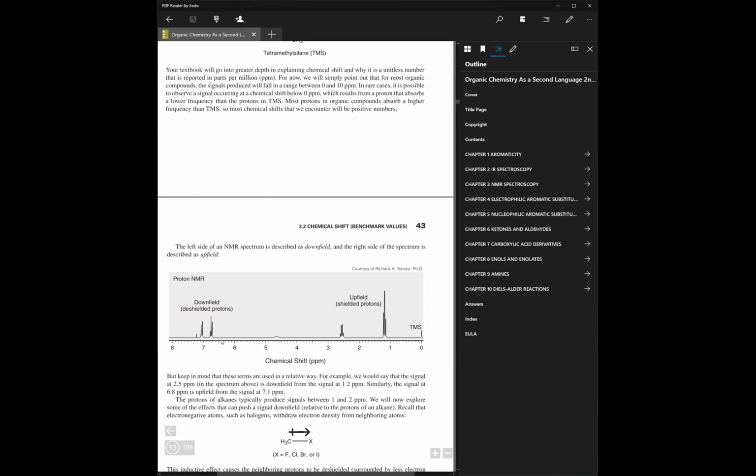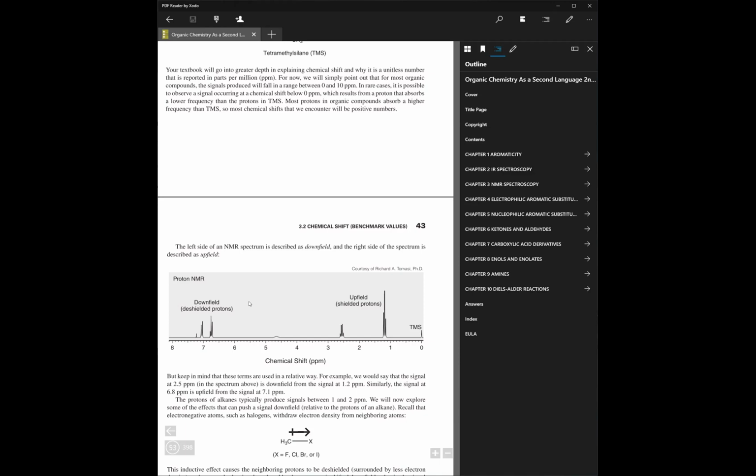Generally, you'll see these when they're connected to aromatic rings or inductive atoms like oxygen, nitrogen, heteroatoms, or Cl. If something has a high electronegativity, it's going to pull electron density away from the protons, because it wants electron density. If it pulls electron density away from protons, those protons can more easily go under magnetic resonance.